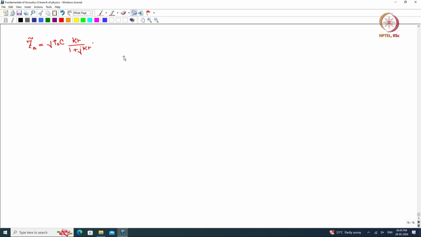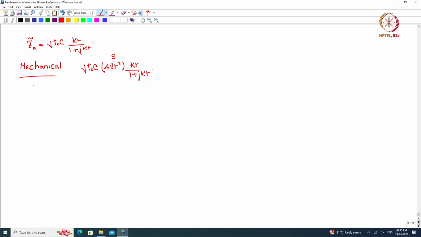If we specialize it, if we make it mechanical, first of all, let's make it mechanical. So I just multiply by the surface area. So j rho 0 c, the surface area, which is 4 pi r squared, times kr by 1 plus j kr. And this is S. I can take S out.